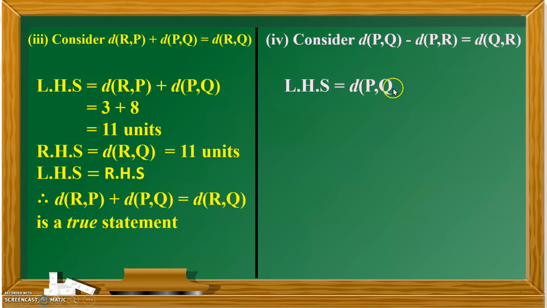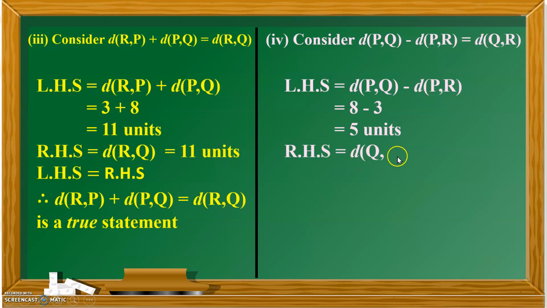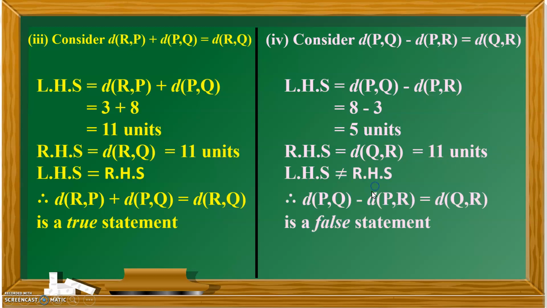LHS is distance PQ minus distance PR, which is equal to 8 minus 3 equal to 5 units, and RHS is equal to distance RQ or QR, which is equal to 11 units. Now these two are not equal, so therefore distance PQ minus distance PR equal to distance QR is a false statement. Hope you have understood this question, children.